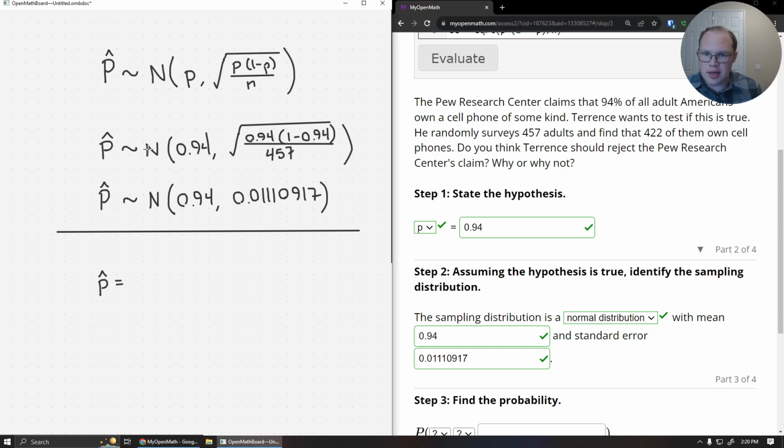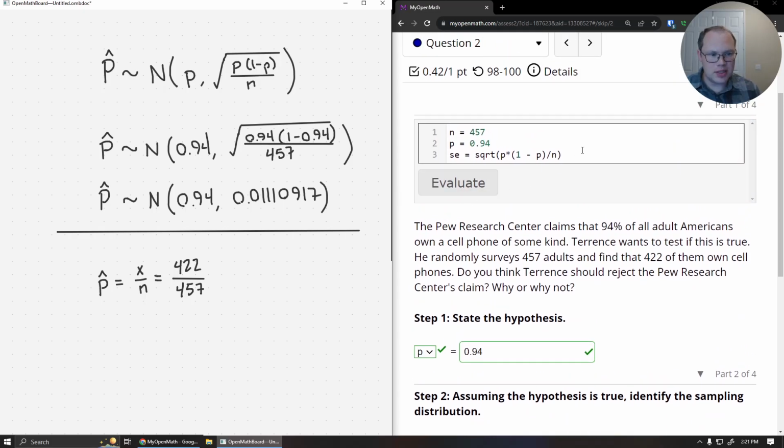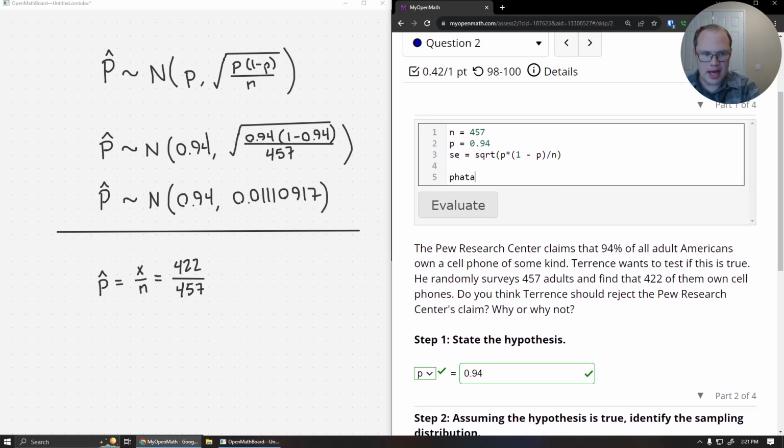Remember, the formula for a sample proportion is x over n, where x is the number of members of the sample who have the characteristic, in this case a cell phone, and n is the total sample size. So 422 of the people surveyed own cell phones out of 457 total. Let's calculate that. Our p hat, our sample proportion, is 422 divided by 457, which is also our n.